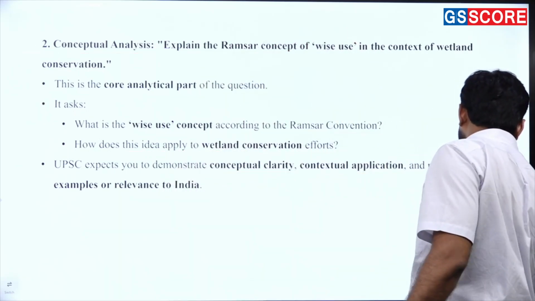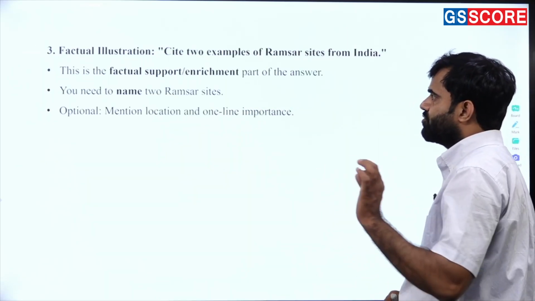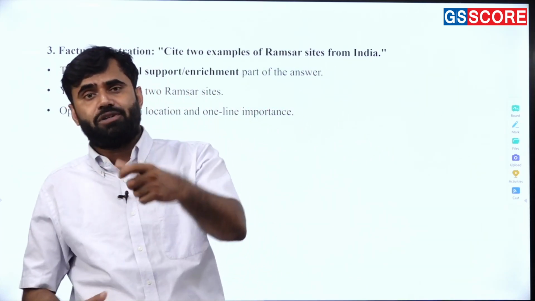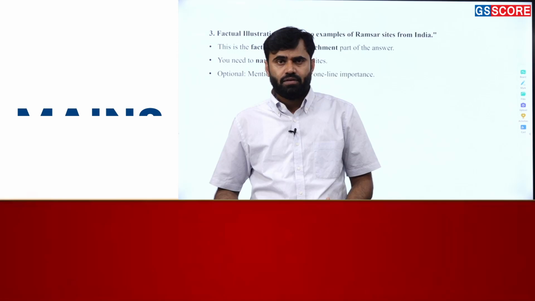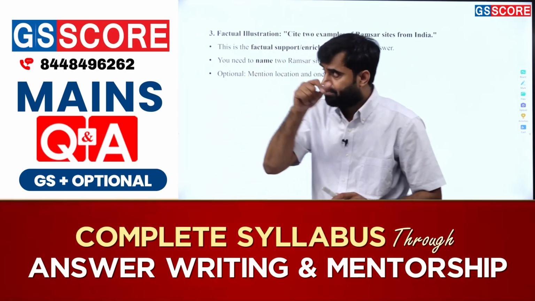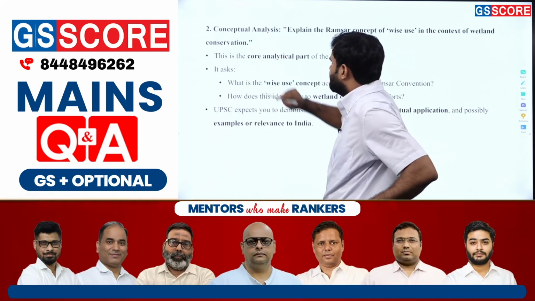The third thing is factual illustrations. The question is talking about citing two examples from India. It means the question is demanding that you mention at least two examples. That is factual illustration.